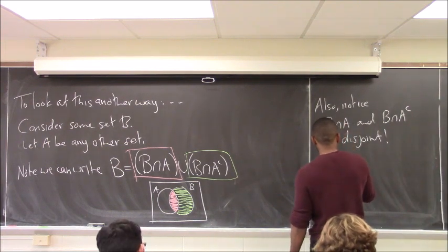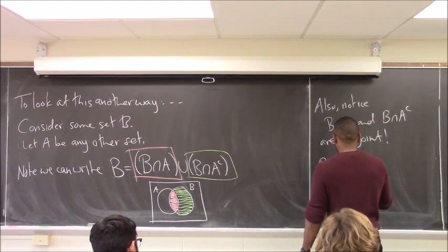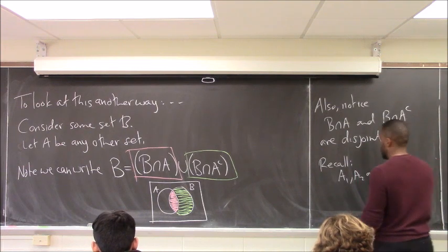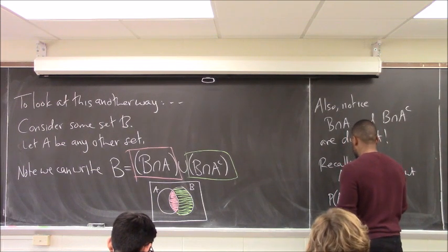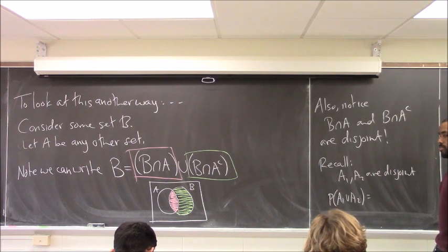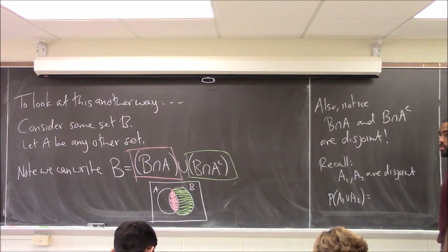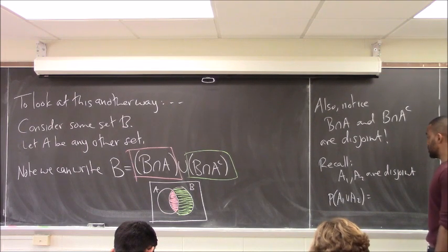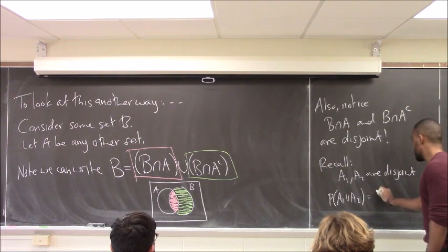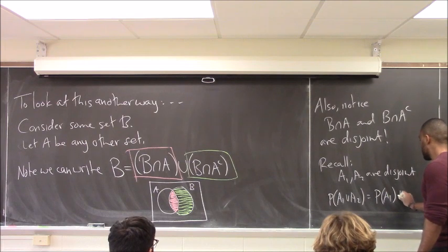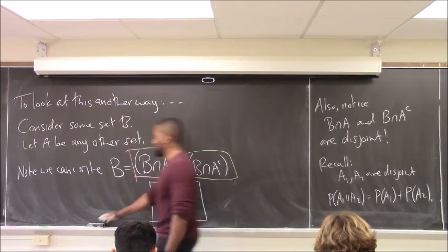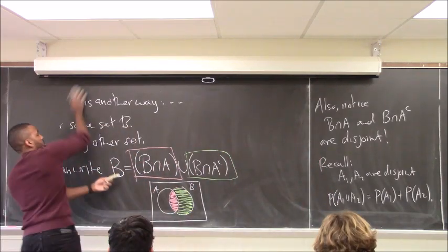Now recall, if A1, A2 are disjoint, then the probability of A1 union A2 is going to be what? The sum of the probabilities. It's axiom 3 of the probability axioms. Now, what does that mean for this equation?